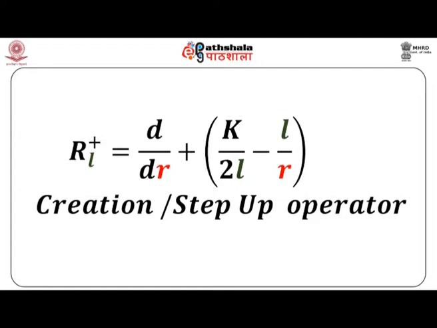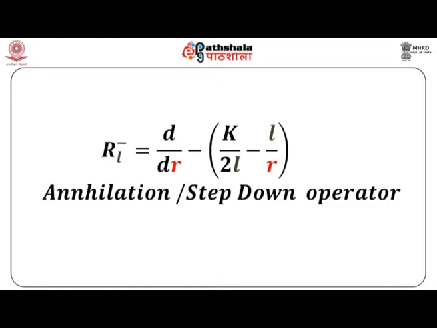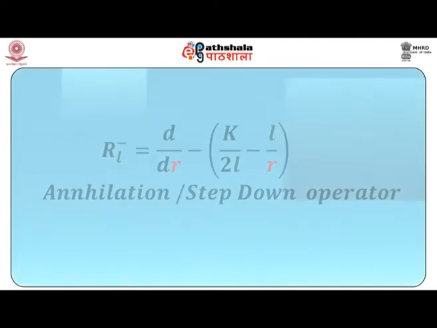This is called the creation or step up operator. And the second operator is RL negative, which is d/dr minus K/2L minus L/r, in parentheses.